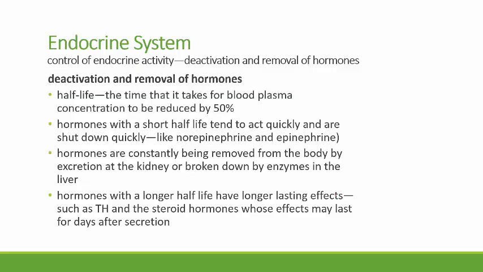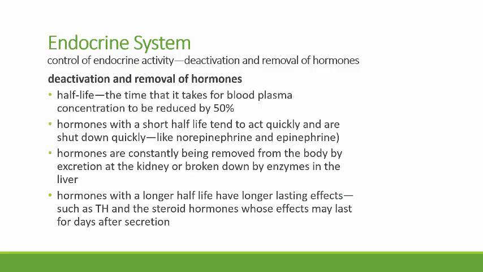So hormones that have very short half-lives tend to act quickly and then be deactivated. So epinephrine and norepinephrine have relatively short half-lives, on the order of minutes. And so when we release hormones into the body, there are processes that are going to be working to remove and shut it down.